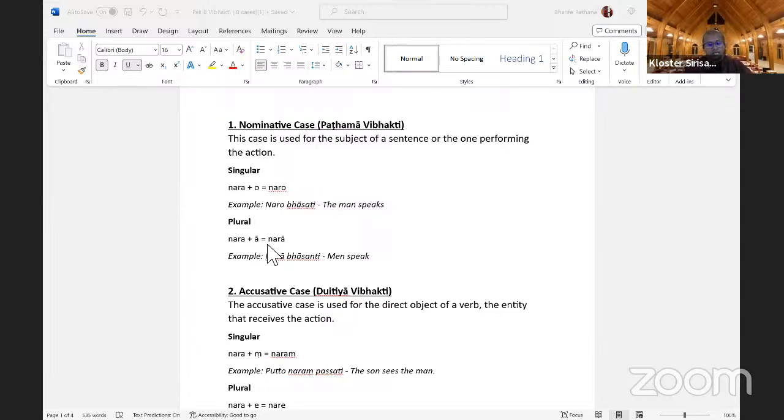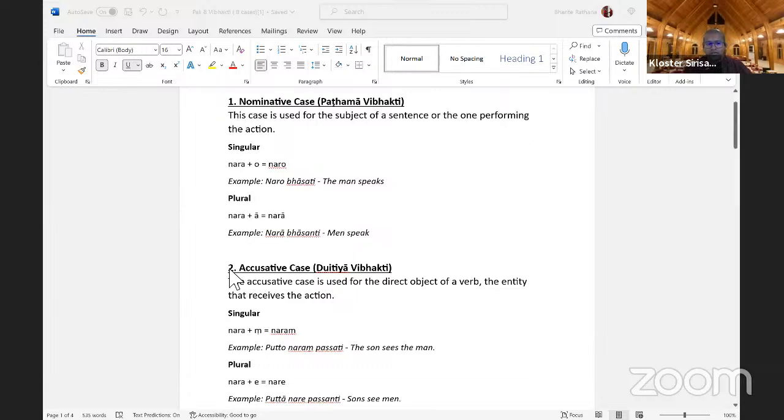The example is nara bhasanti, the men speak. So like that, we perform the nominative case, right? Later you can take time and read many times, then it is easy to understand.